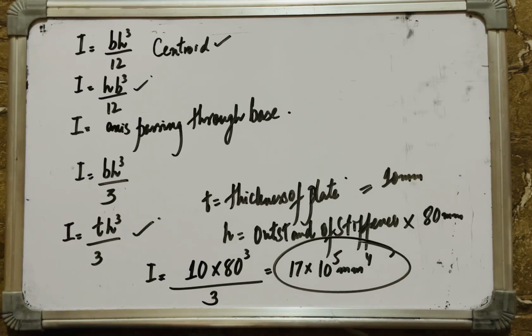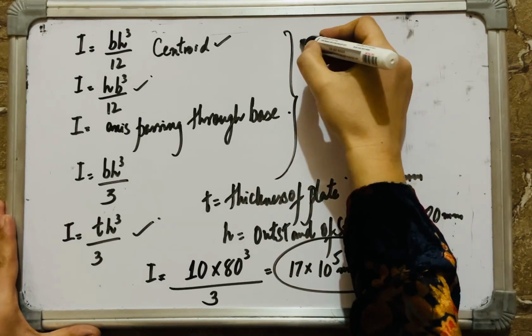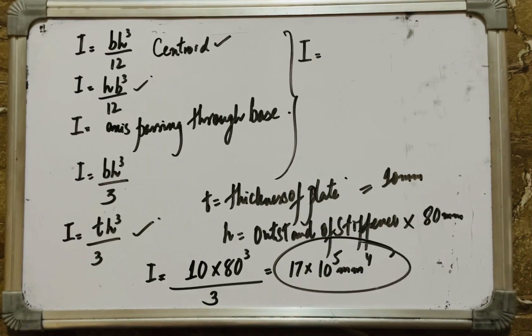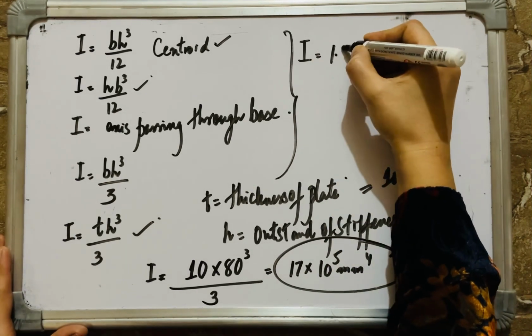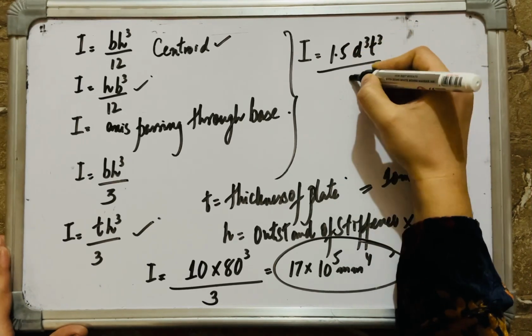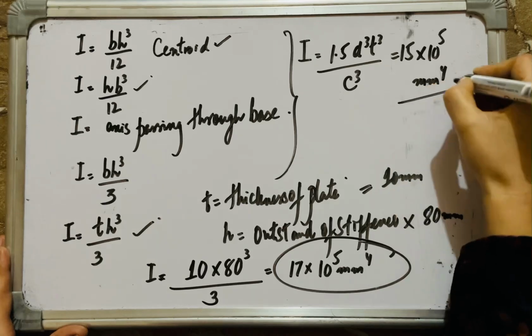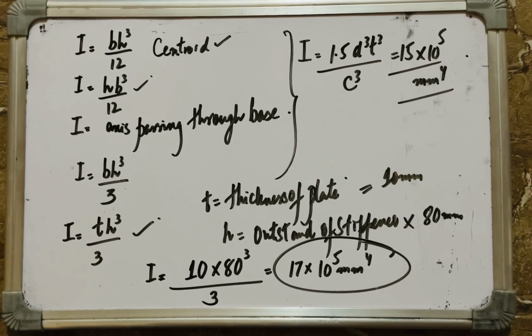But what was our design moment of inertia? We just discussed that these intermediate stiffeners, which are vertical stiffeners in our case, are designed to have a minimum moment of inertia given by 1.5 d cubed t cubed by c cubed, and by calculations it was 15 into 10 raised power 5 mm^4. And the plate that we adopted for our stiffener has dimensions 10 mm cross 80 mm. t is the thickness of plate, and h is the outstand of the stiffener, which is 80 mm.